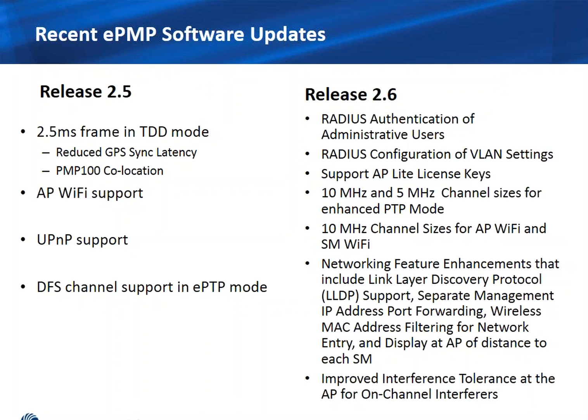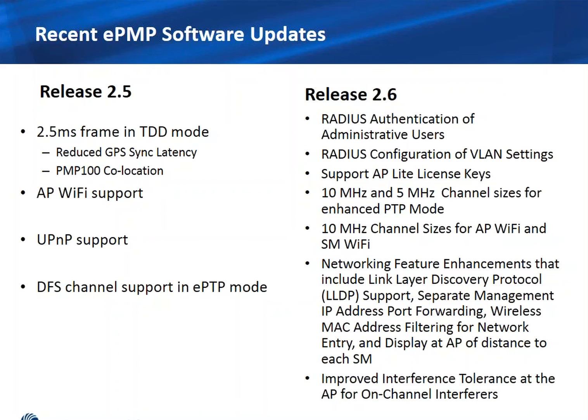Then at the end of last year, we introduced release 2.6, and this had quite a few features in it which are very useful. We enhanced the support of Radius in the solution. We now support the authentication of administrative users via Radius, and we'll support the configuration of VLAN settings on your client devices' subscriber modules with Radius.